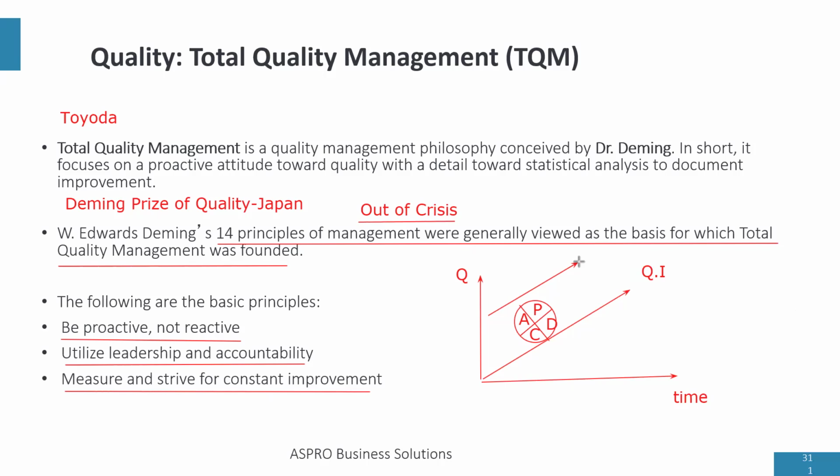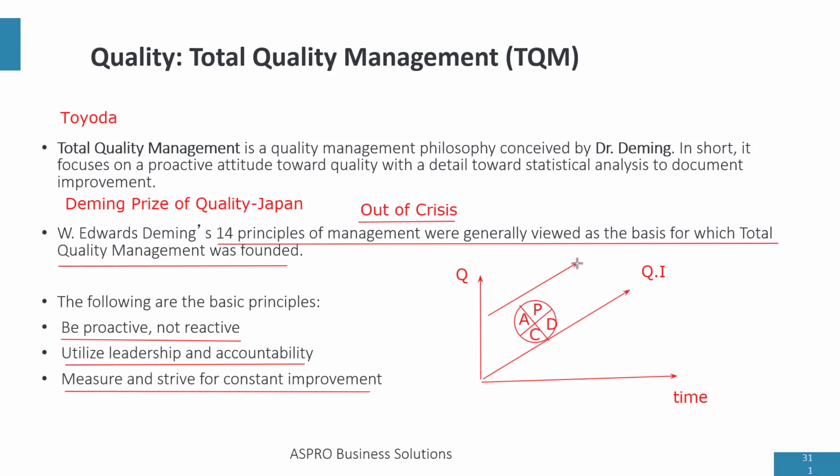So you could call it a problem-solving approach. You could call it a quality improvement approach, where we look for issues, defects, problems, come up with possible solutions, implement those solutions, check for the best solution, and act on it. That means deploy it.